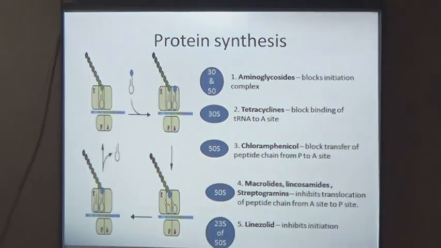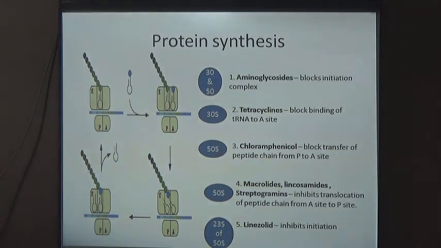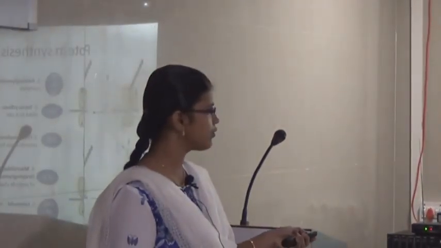Among protein synthesis, there are steps in protein synthesis. 30S ribosome and 50S ribosome. This is 30 and this is 50. What are the steps in protein synthesis? The A site and P site. First, it will combine with the P site, and the new amino acid will attach to the A site.